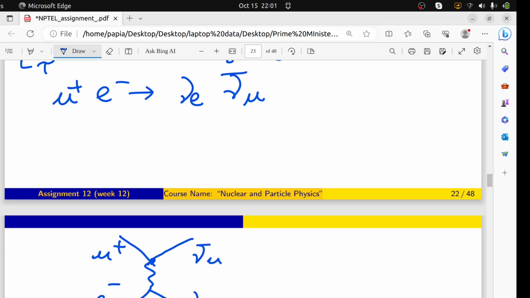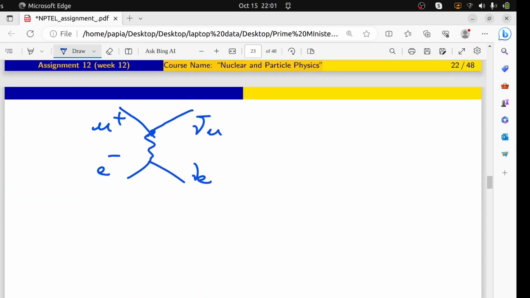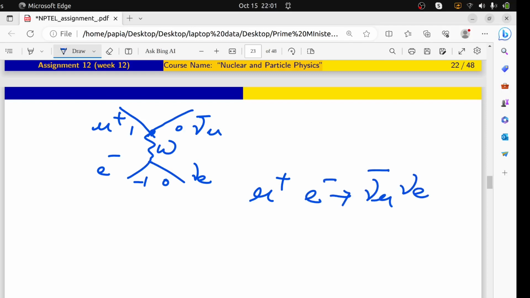And you can see the vertex here. What will be the vertex here? This is plus 1, this is 0, then it will be W. This is minus 1, this is 0, then it is W. That means mu plus E minus going to nu mu bar nu E will be mediated by W boson solely.